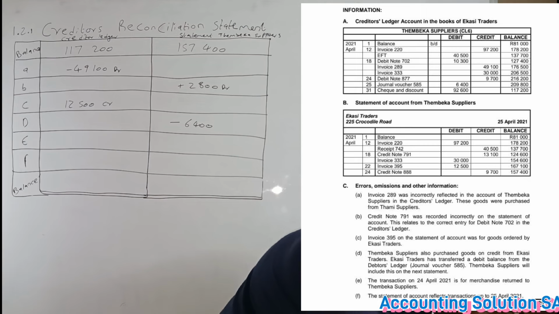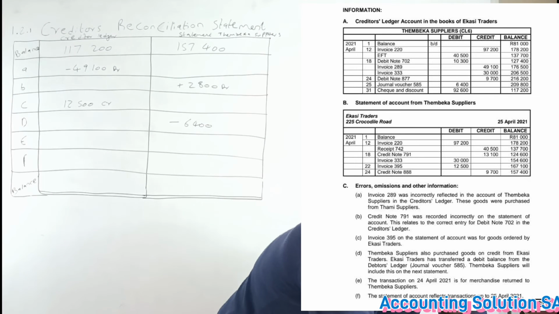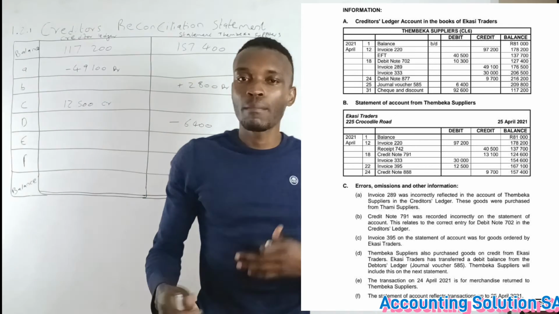Okay, then the amount of 9,700, let's check on the other side. If you check on the statement, they recorded on the credit side, which is correct, because we have to subtract, because the credit side of statement is a subtracting, because it has been returned. Okay, but if you check on the creditors ledger account, it also credited. Remember, when we do these two statements, they must do vice versa.